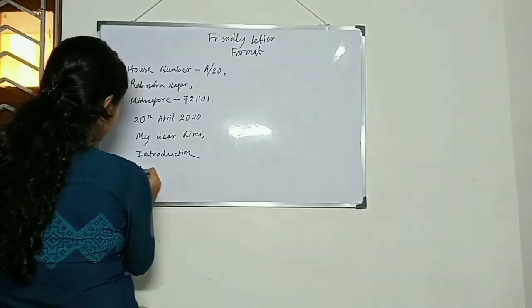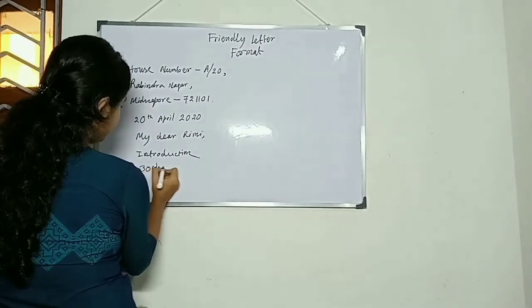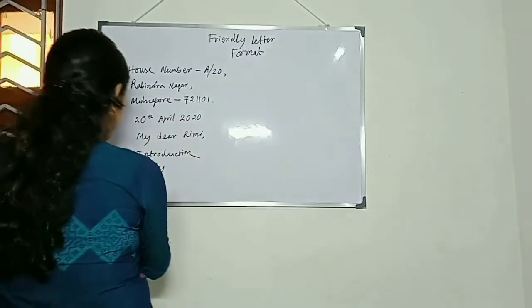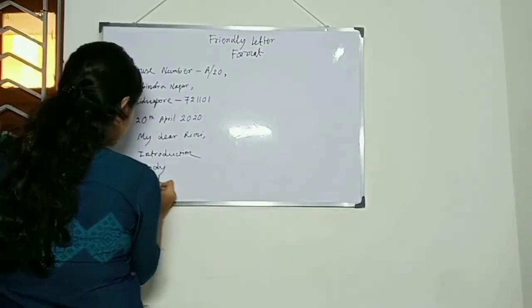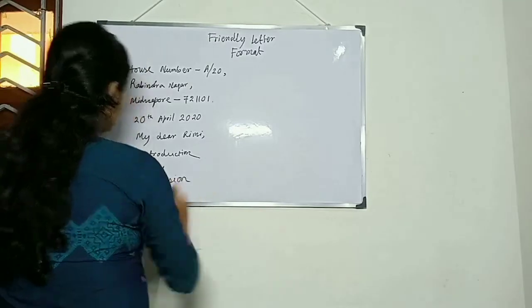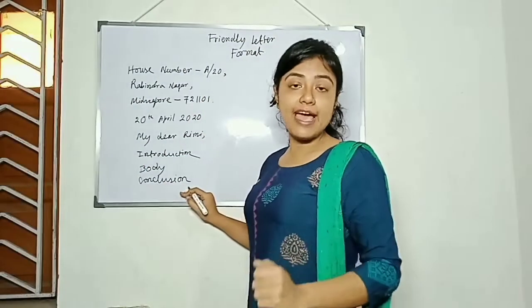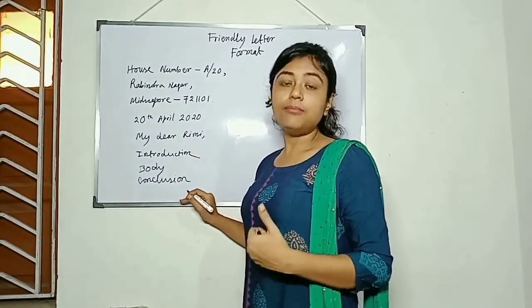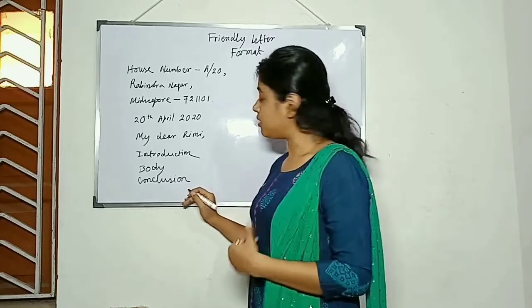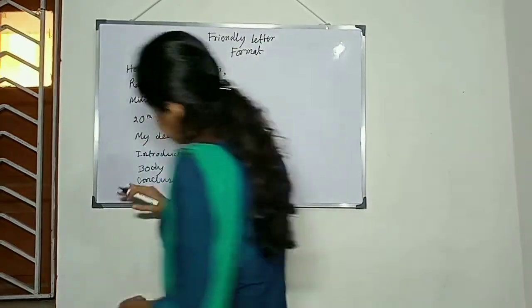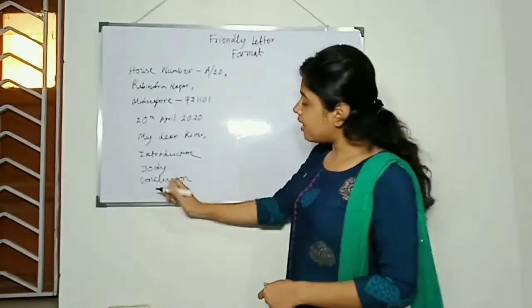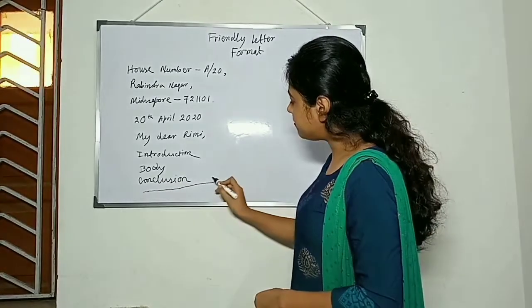Then comes the body. Here you will explain, and then the conclusion. After writing that, we will end the letter by writing the subscription. What is the subscription? As I do not have space here, I am writing here.